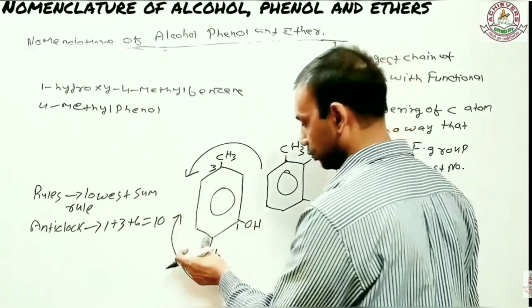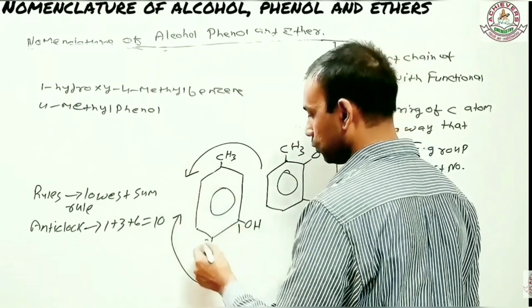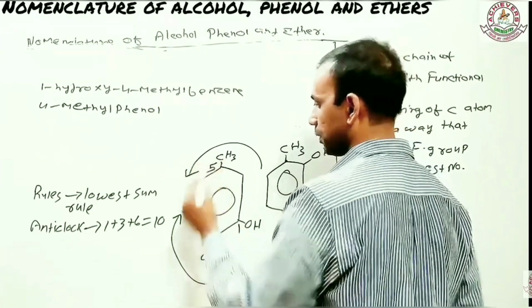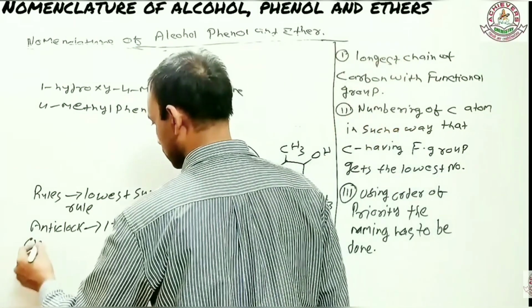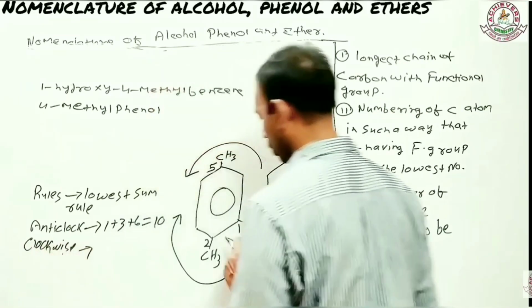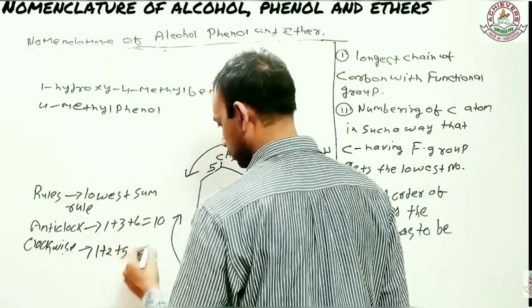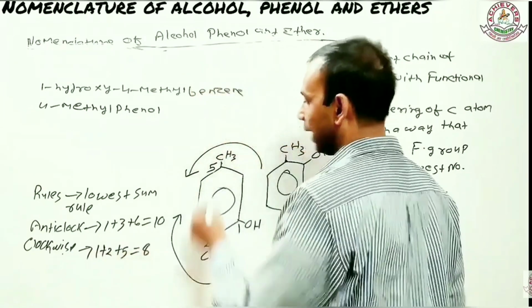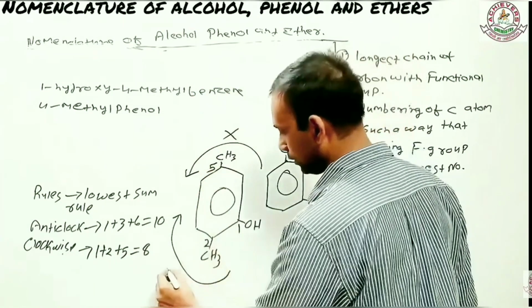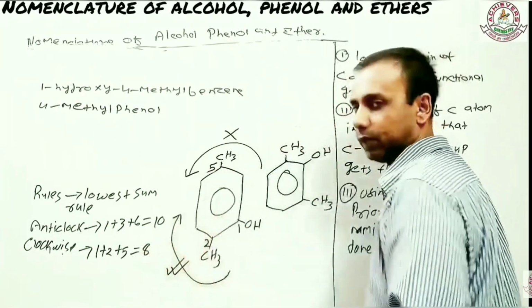So now you have to wipe them off so that it doesn't confuse you. So this is your 1, 2, 3, 4, 5. In clockwise, it's 1, 2, and 5. 1 plus 2 plus 5, and that's only 8. So I will not use this one, but I will use this one, because you have the lowest value coming out in clockwise, right?